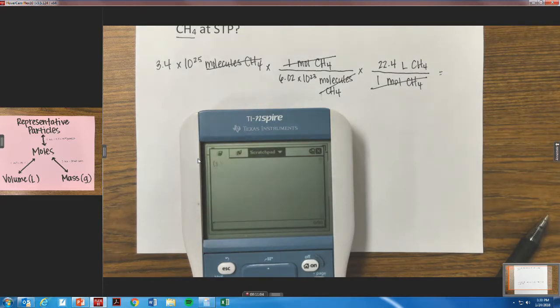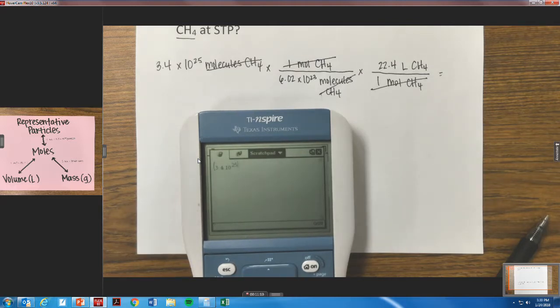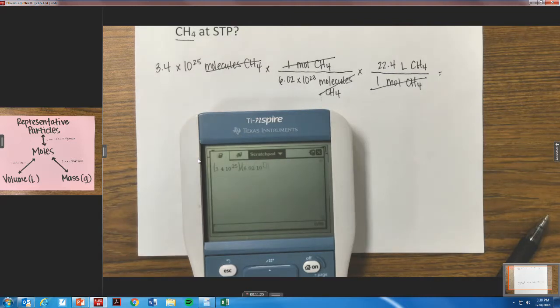So 3.4 times 10 to the 25th power, and then I'm going to divide by another number, so that needs to be in parentheses, 6.02 times 10 to the 23rd. Then I'm going to push enter.